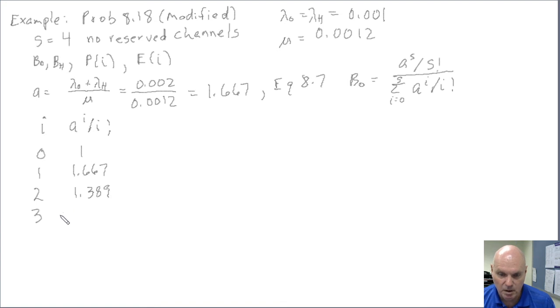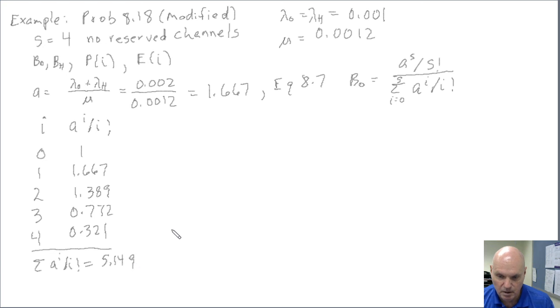For 3, I get 0.772. For 4, it becomes 0.321. Okay, and then now I can get the sum of the A to the I over I factorial by just summing these 5 values.